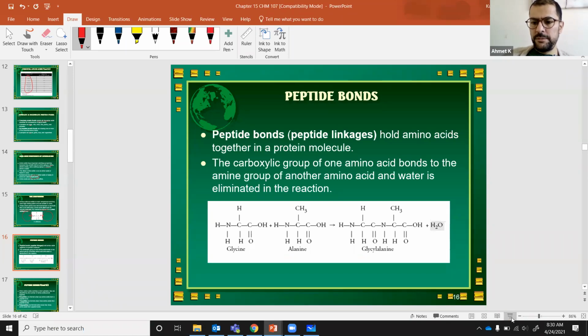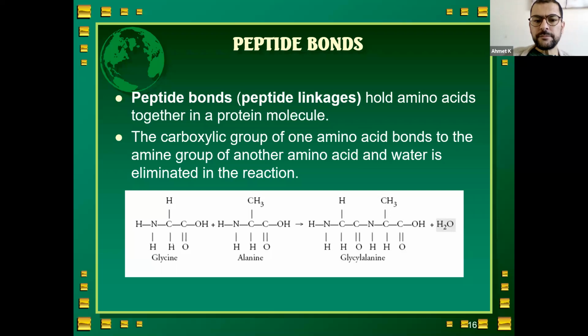Maybe I can blow this up. So as you can see, this is my first amino acid, and this is my second amino acid. Again, the name is glycine, and you don't have to worry about it.